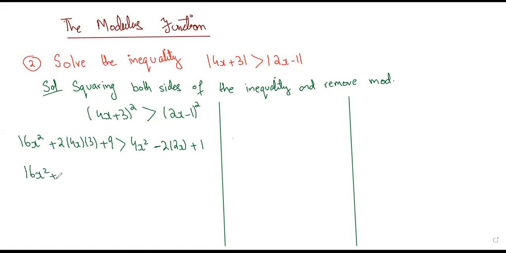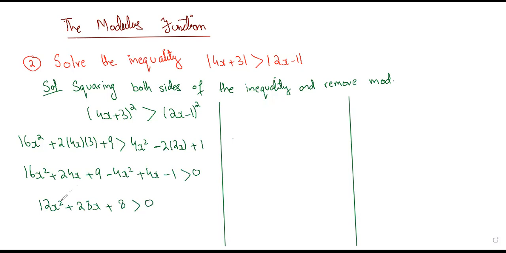16x squared plus 24x plus 9 and then minus 4x squared plus 4x minus 1 is greater than 0. So 12x squared plus 28x plus 8 is greater than 0. And then I can take 4 common.